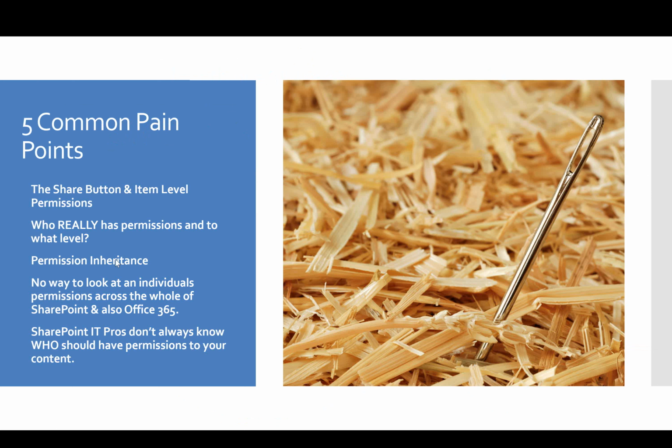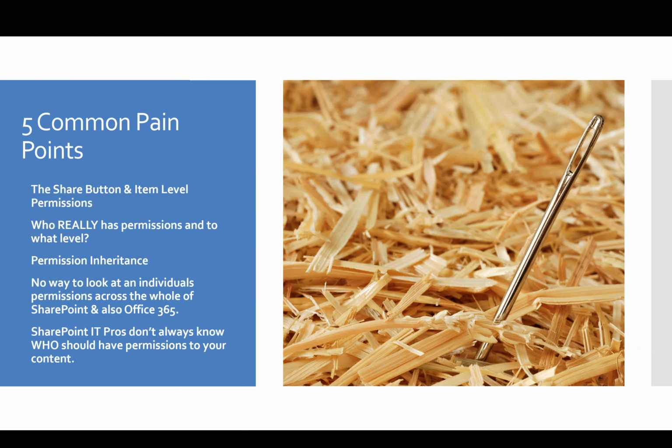There's also permission inheritance. How do we begin to understand where permission inheritance is broken and where it is inheriting permissions? Again, we've got this at site level, at list and library level, and also folders, documents and items. If you're familiar with SharePoint lists and libraries already, getting to the permissions page for an item can take around 7 to 8 clicks, and that's if you know exactly what to click.